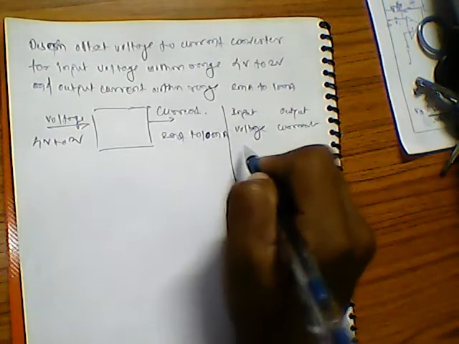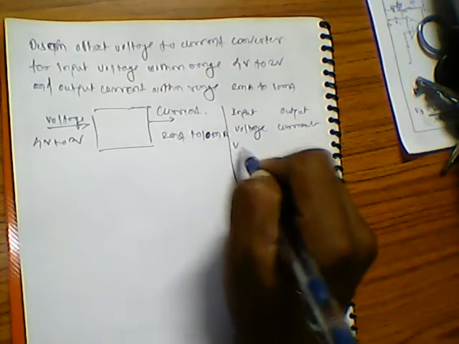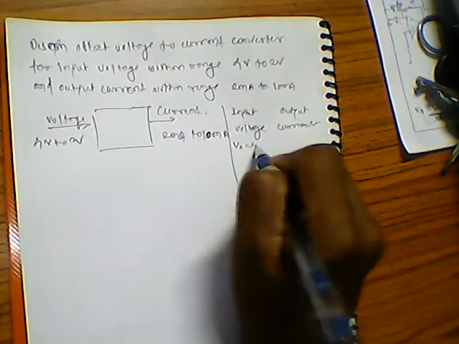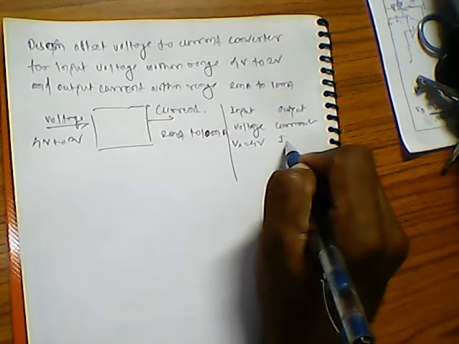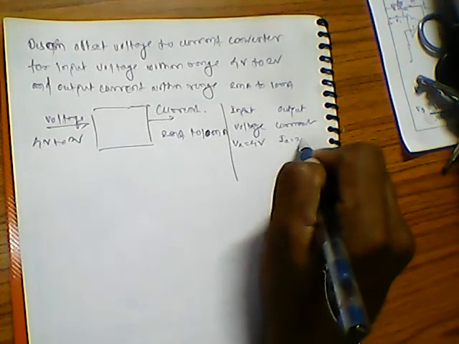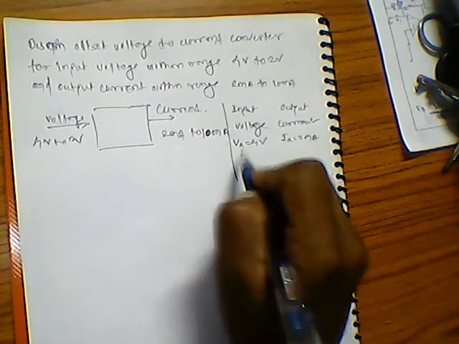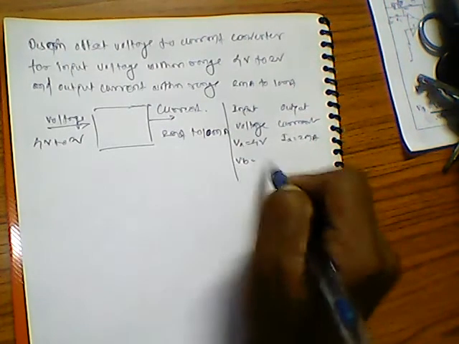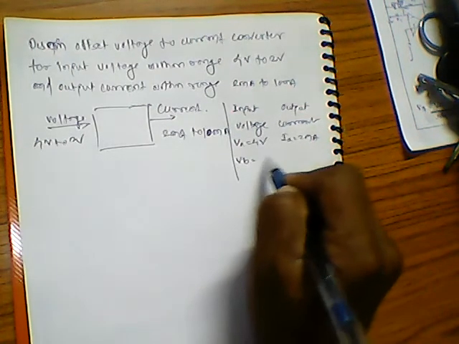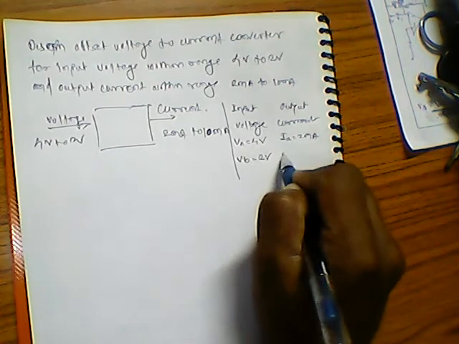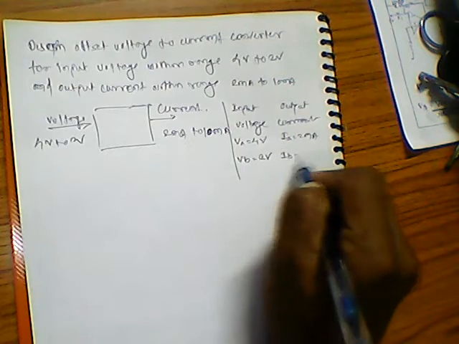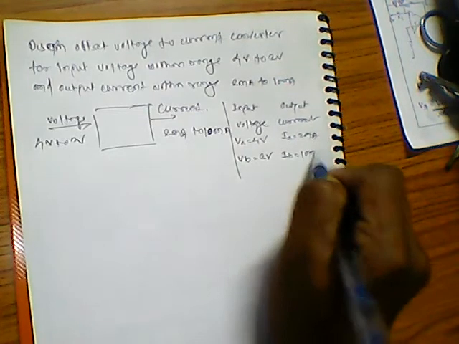So let us say the initial voltage VA is 4 volt, and the initial output current IA is equal to 2 milliamps. The final voltage VB is 2 volt and the final current IB is 10 milliamps.